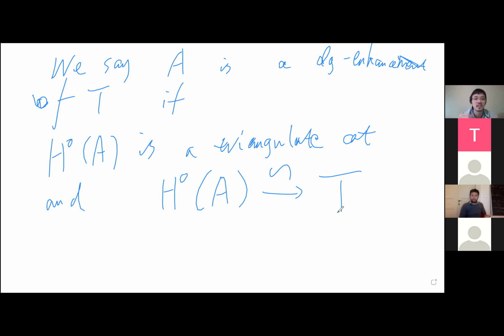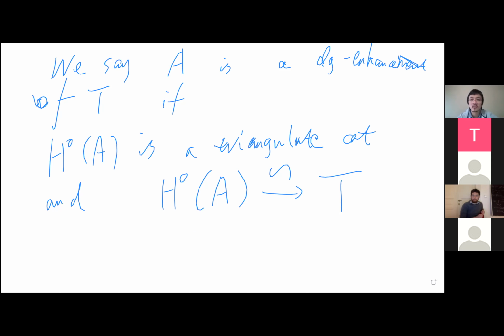We need to invert the quasi-isomorphisms. And the good thing for H0A, the DG enhancement, is actually we only need to worry about homotopies between morphisms. So anything which is quasi-invertible is homotopy invertible in A. That's the good point for this DG enhancement. So actually, if we can find the DG enhancement, a lot of theory will be much easier. Okay, thank you. Yeah, sure.